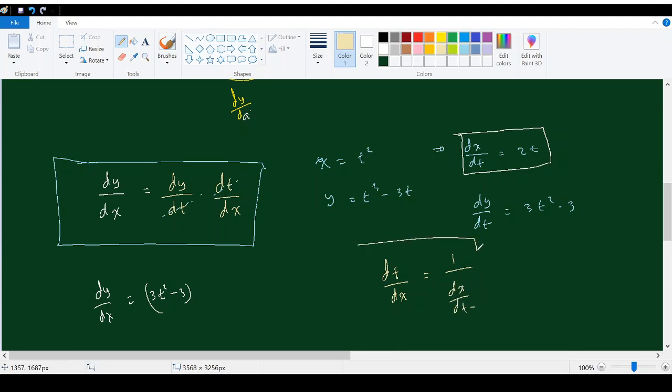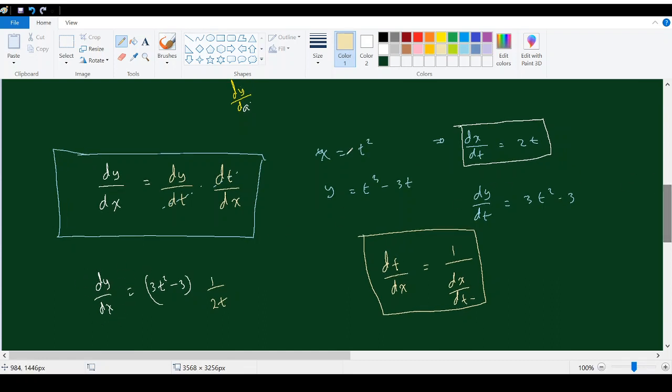So this is also a similar kind of chain rule that we can use. For this portion we can have the reciprocal of dx by dt. You must remember these two formulas when you are dealing with parametric equations, because this is a very nice tool that you can use to compute the derivative of y with respect to x.